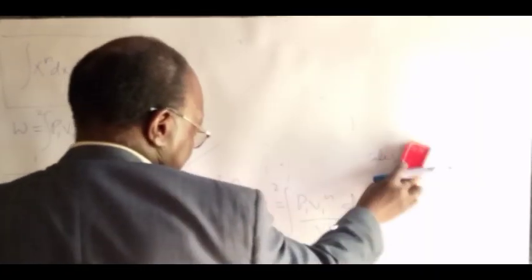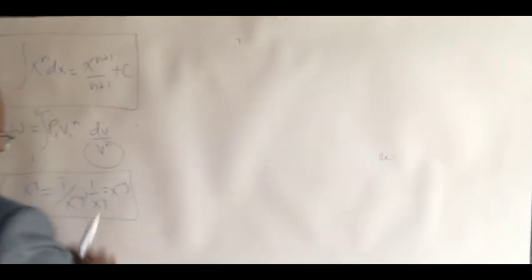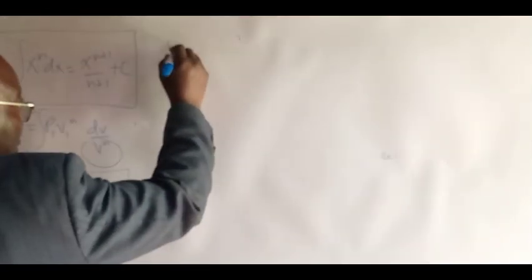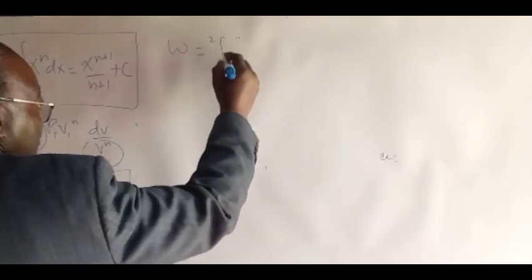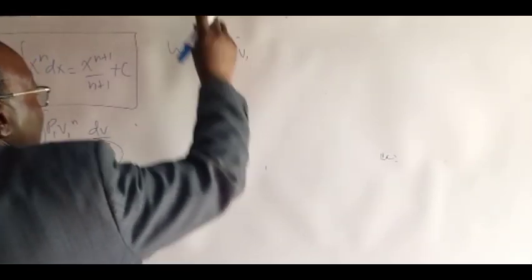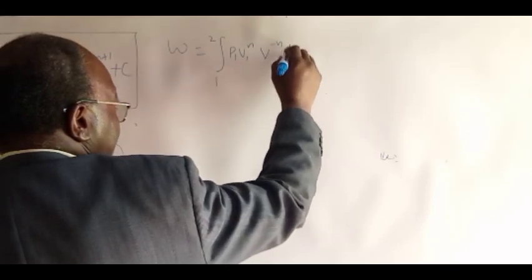Let us use that. So this becomes W is equal to the integral from state 1 to 2, P1 V1^n, V^(-n) dV.